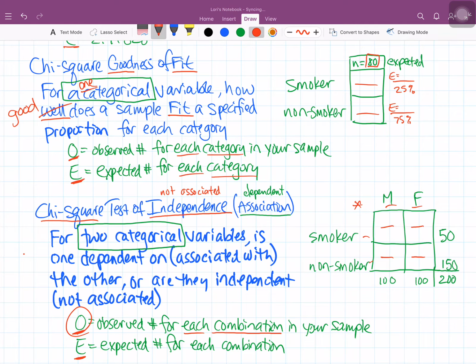And again, I'm also looking at the expected values for each combination. And so I would want to have both the observed and the expected for each of those pairs. Now, the chi-square goodness of fit and the chi-square test of independence are not limited to dichotomous variables.